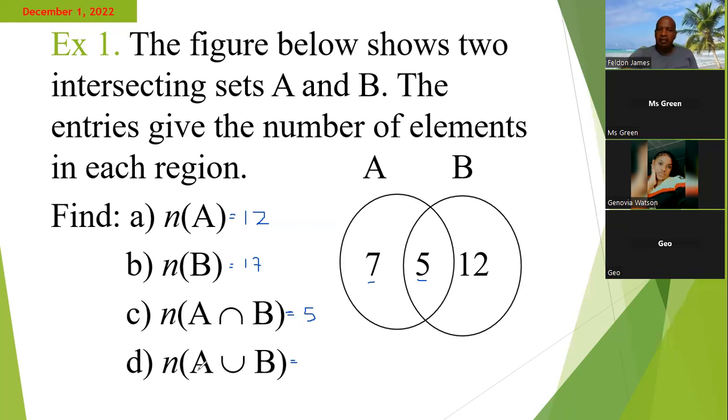The number of elements in A union B equals the number of elements in A plus the number of elements in B. The last part says what?